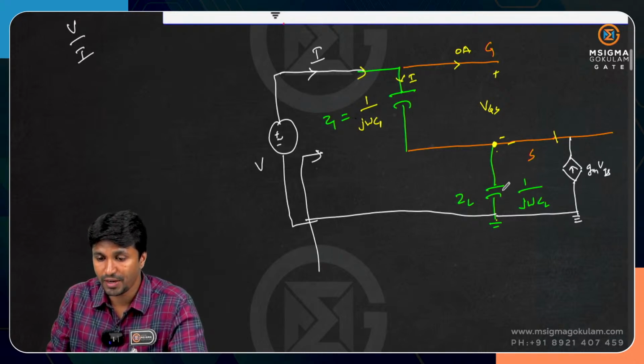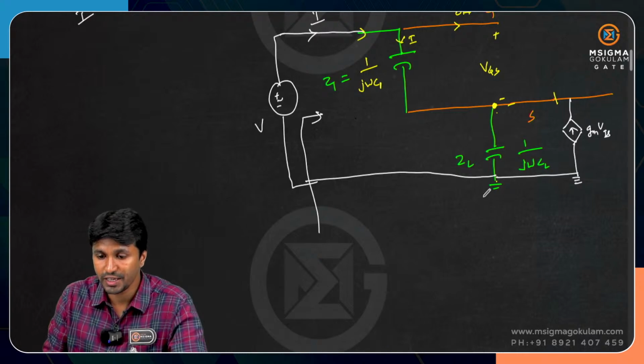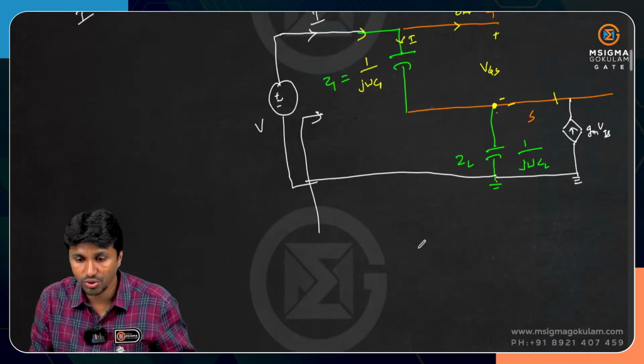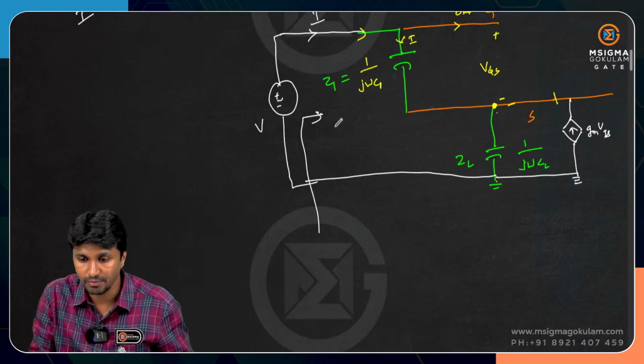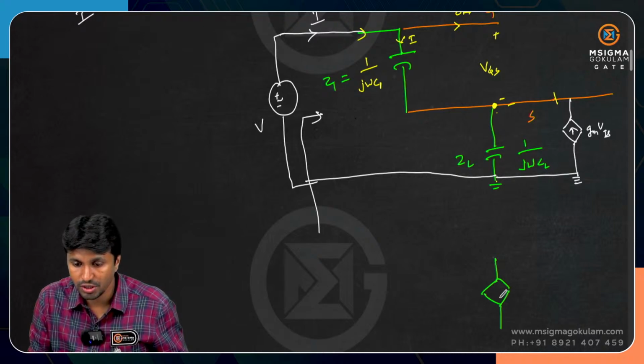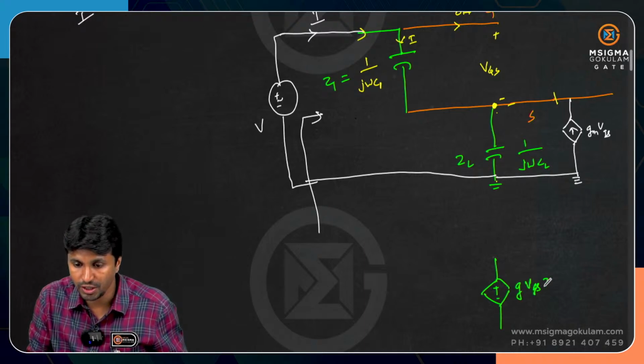When I apply source transformation, you can clearly see that this becomes a voltage source. The positive polarity should coincide with the arrowhead, so this is positive and this is negative, and the value is gm VGS into ZL.